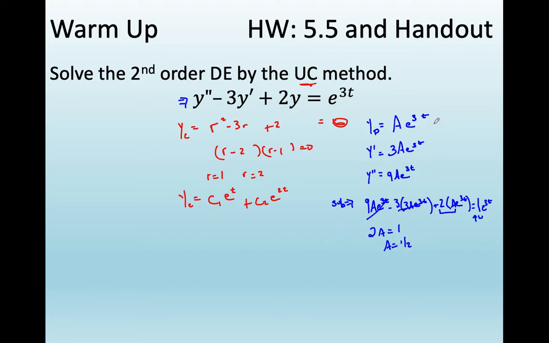So going back up here, y sub p is equal to 1/2 e to the 3t.